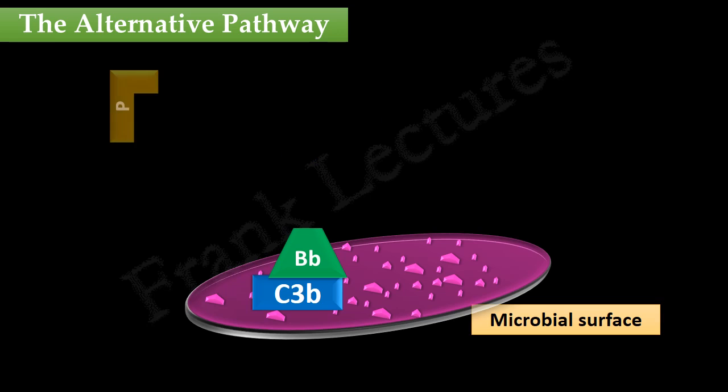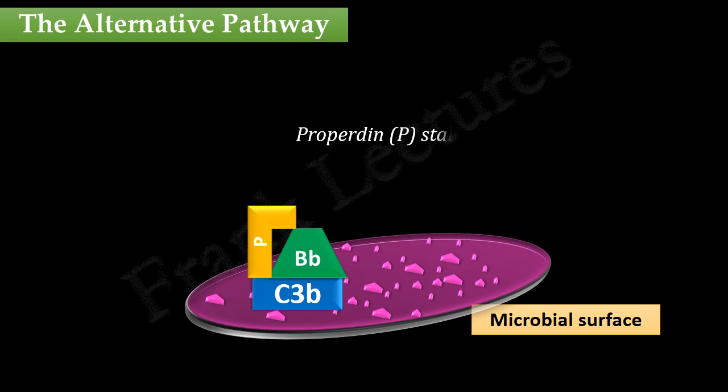This complex is unstable, so another protein known as properdin, represented by capital P, comes and binds this complex and stabilizes it.